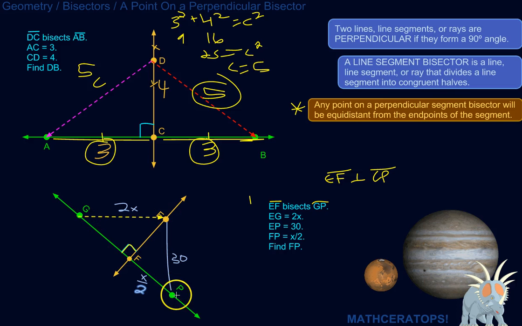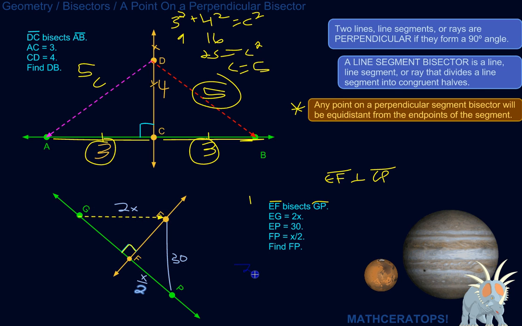These are the endpoints of this segment. Segment GP has the endpoints G and P. EF is the perpendicular bisector. So any point on EF, including E itself, will be equally distant from G as P. So if the distance from E to G is 2x, then the distance of EP, which is 30, is equal to that.